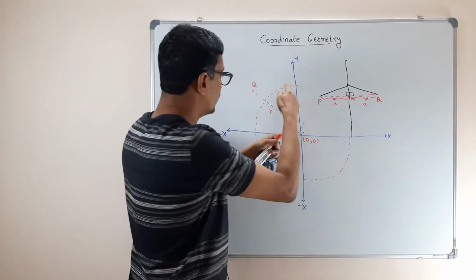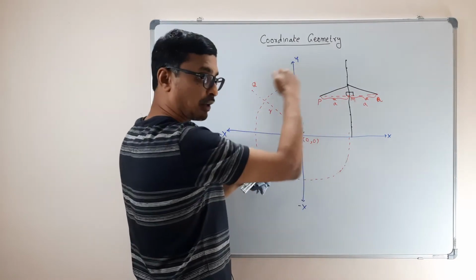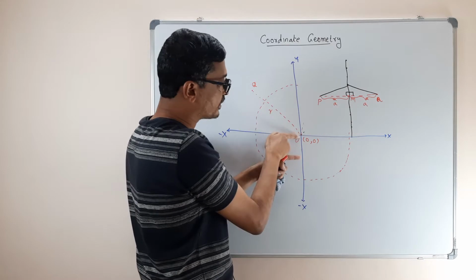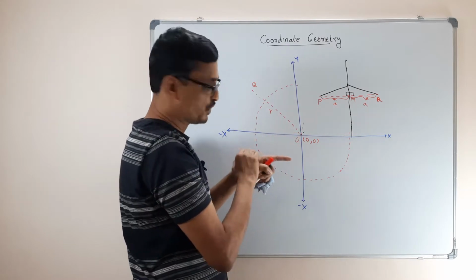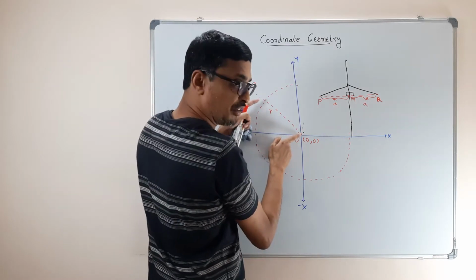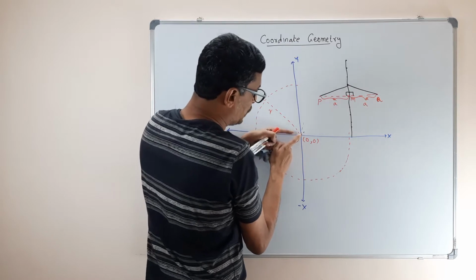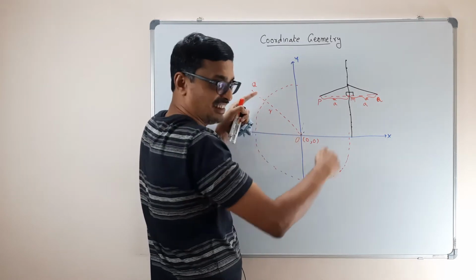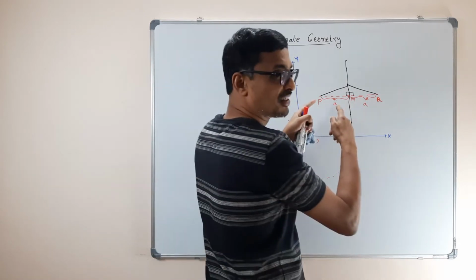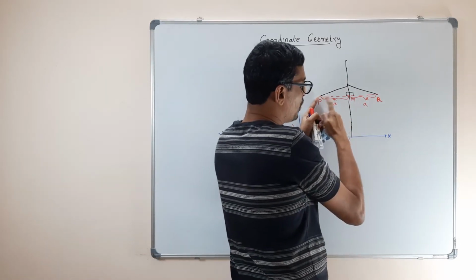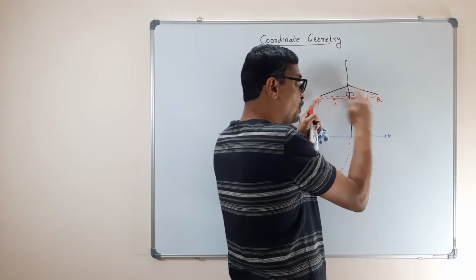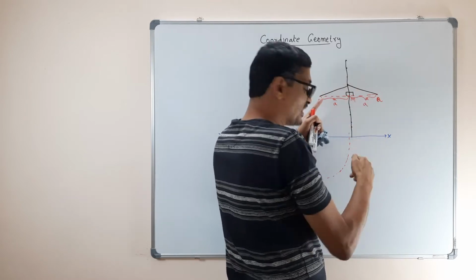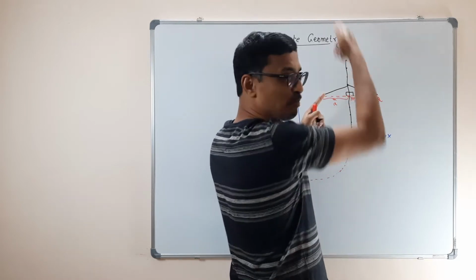Similarly here, the points on this circle follow a criterion: these points are equidistant from a point O. So when I draw points which are equidistant from a single point, what do you get? A circle. But when I say points which are equidistant from 2 points, it won't be a circle. It will be a perpendicular bisector.